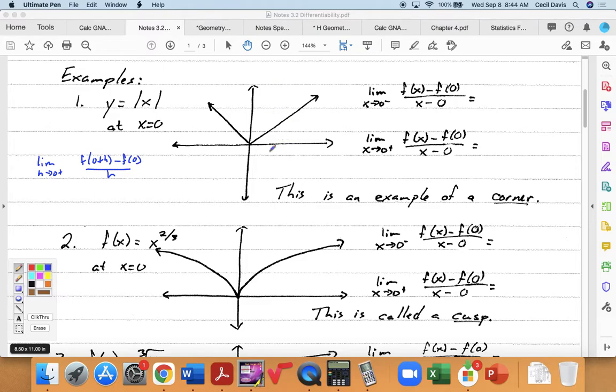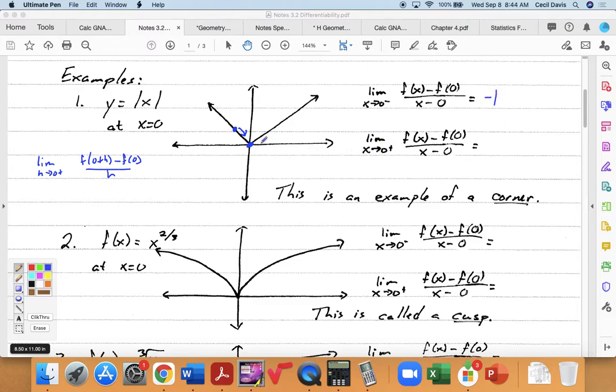So, as we're approaching from the left for this one, so I have a point at 0 and a point over here. As these points move closer towards 0, what are all the slopes? -1.